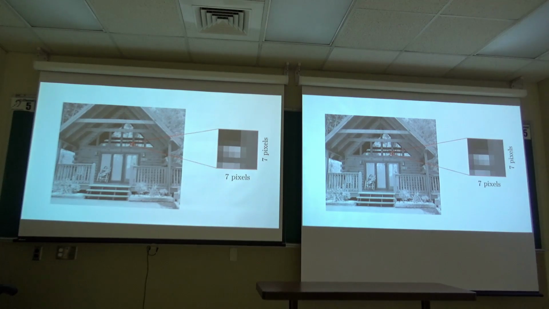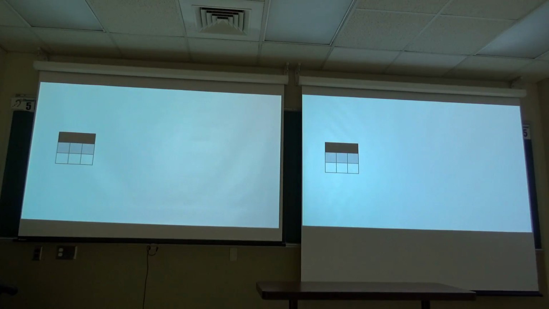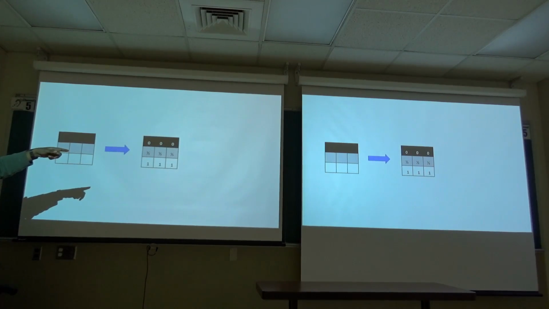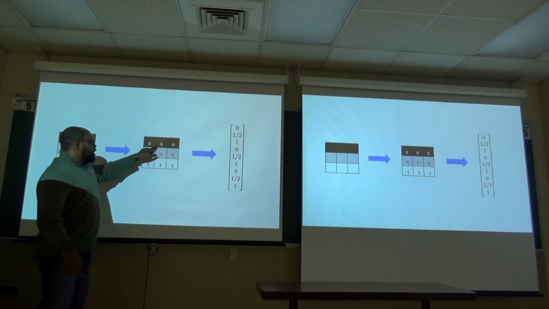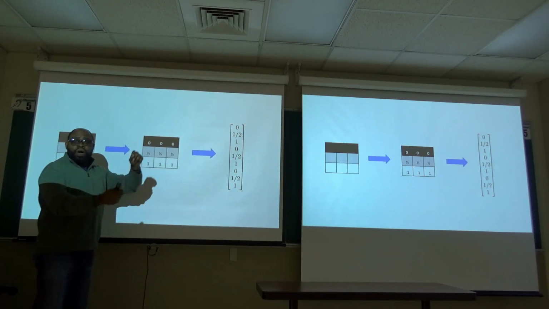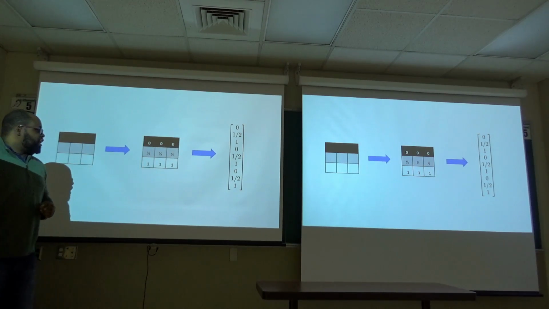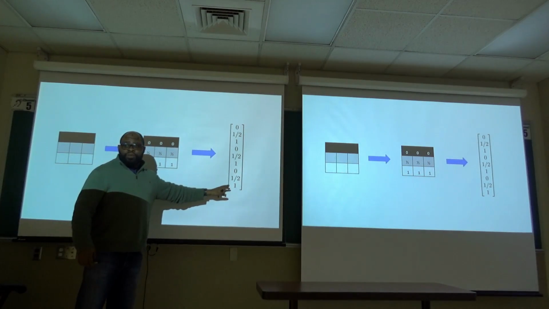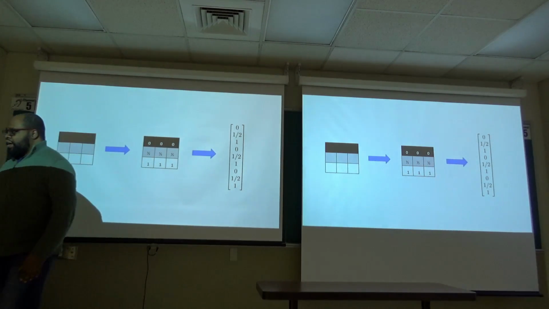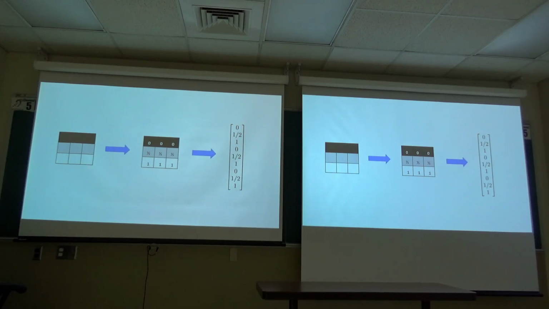So small pieces of images, or in general just images, can be represented with numbers, and those numbers can be turned into vector representations, for example, by concatenating the columns of the matrix into one long vector. This gives you a way of going from image data to vector data that you can do math with.